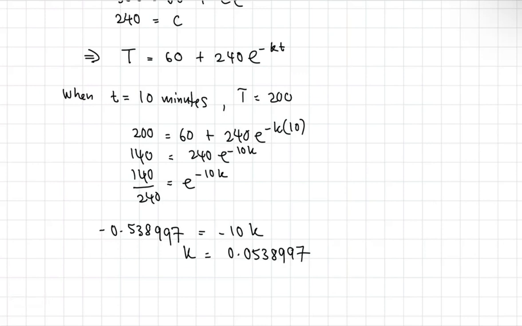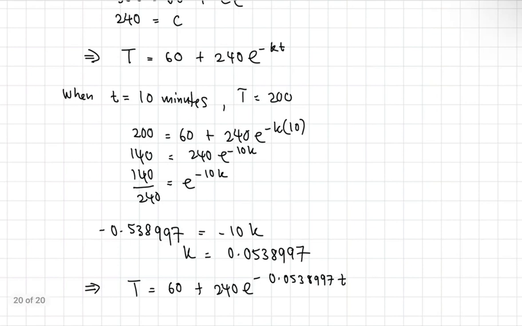So now we have the value for k, then we can rewrite this equation in full. T equals Ts, where Ts is 60, plus 240 exponent minus k. Don't forget to put minus. K is 0.0538997 multiplied by t.